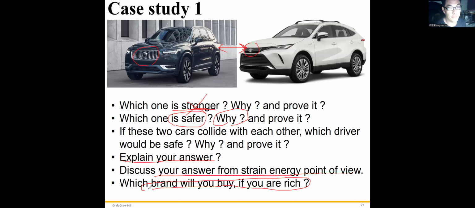So the toughness or the strain energy is different from the strength, right? You might say, well, it's elastic. So if I make a rubber car, you can think of the property of rubber, right? When you stretch it or press it, after the force is released, the rubber will return to its original shape, right? It's elastic.